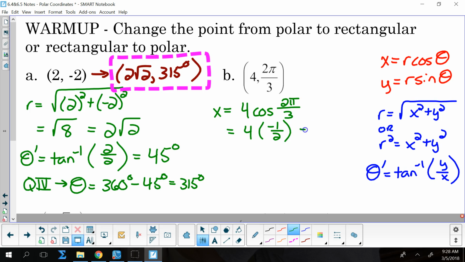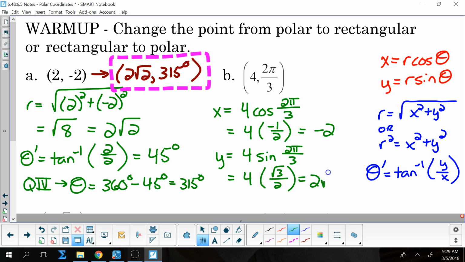4 times negative 1/2 is negative 2. Y then is going to equal 4 times the sine of 2 pi over 3. The sine of 2 pi over 3 is the square root of 3 over 2. So that gives me 2 square roots of 3.